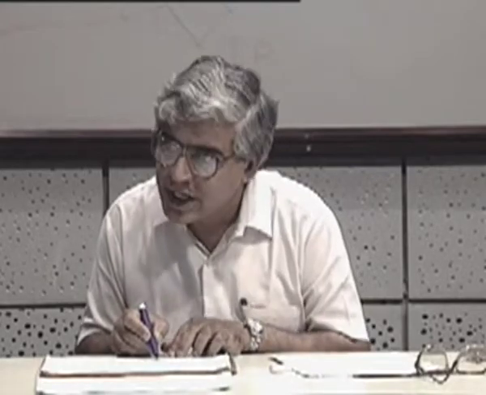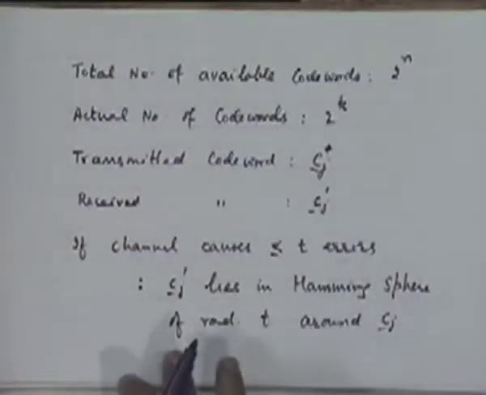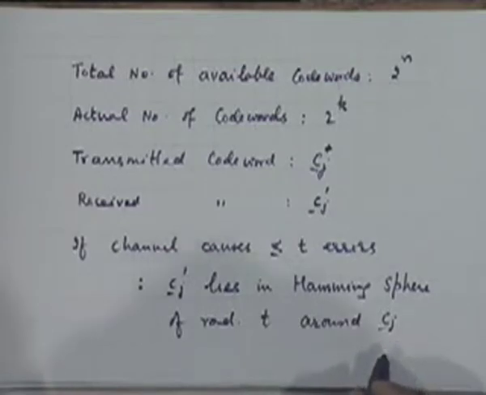How far? If you want to be able to have Cj prime corresponding to Cj lie within the Hamming sphere of Cj, and similarly all received code words at distance t or less from other code words to lie within their corresponding Hamming spheres, then it means that these various code words must be separated from each other by a distance of 2t plus 1, right?